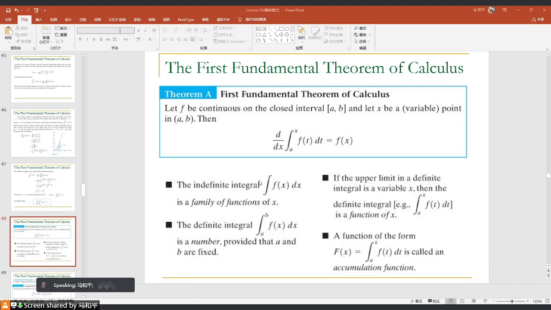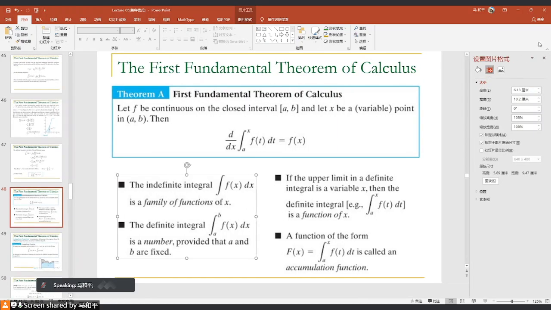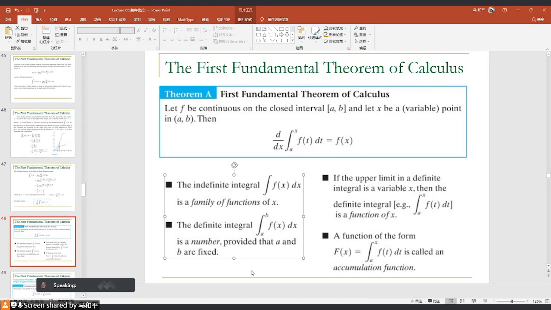And we should know the indefinite integral of f(x) dx, we learned in lecture 1, lecture 4. Remember, it's a family of functions of x. And the definite integral from a to b of f(x) dx is a number, provided a and b are fixed.